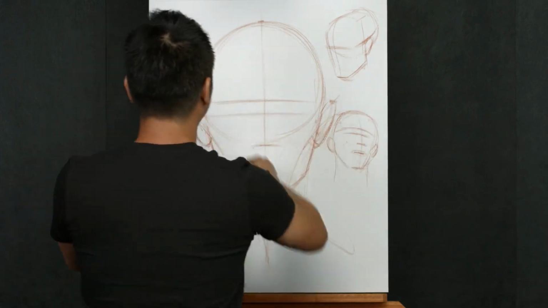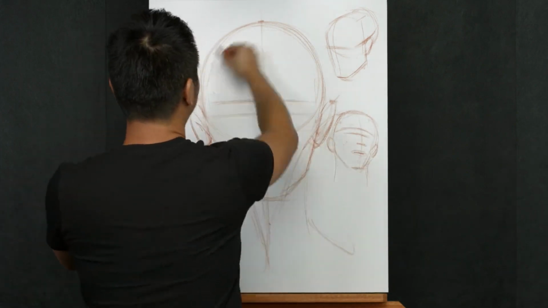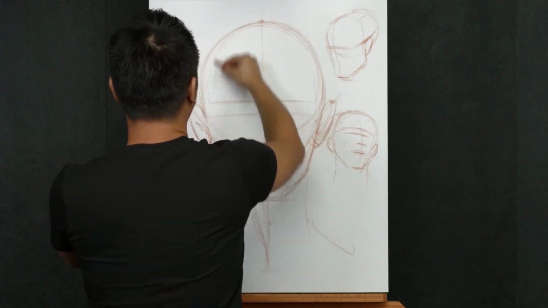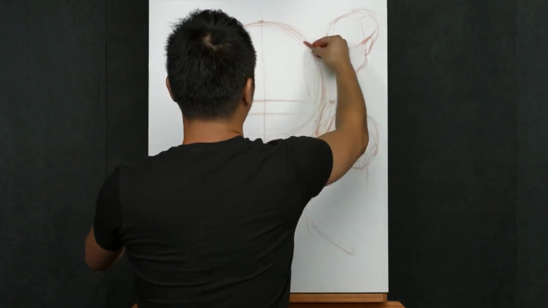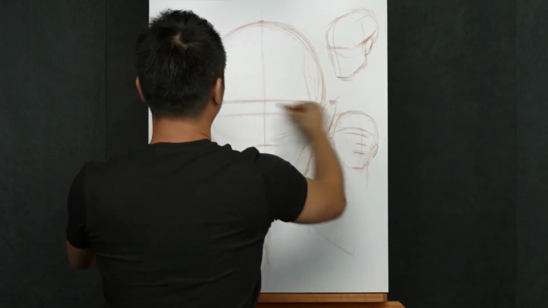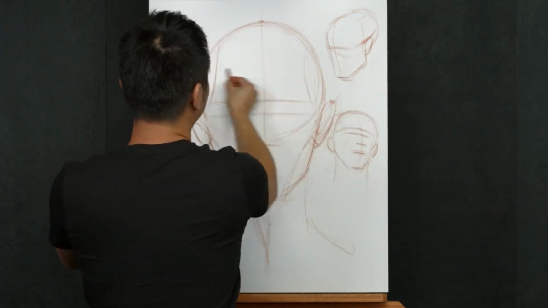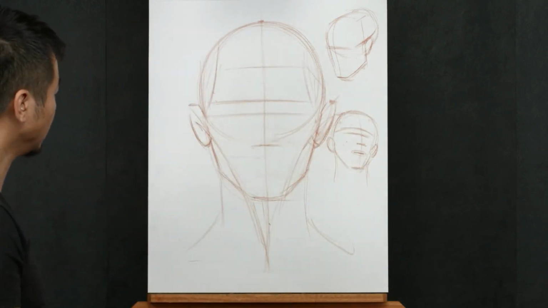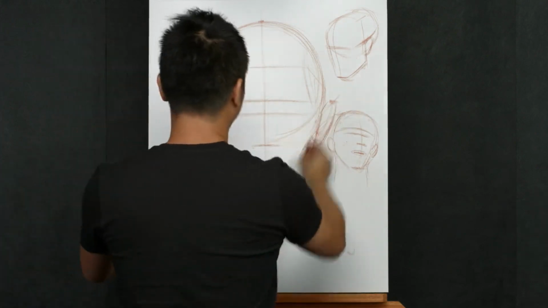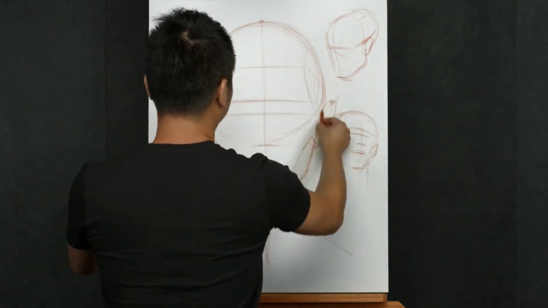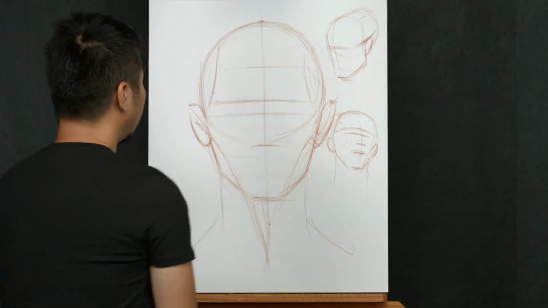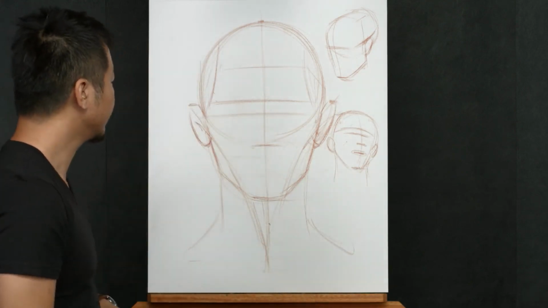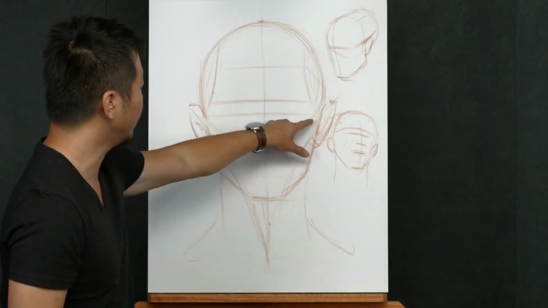Okay, and the next thing I would do is, if we draw a line down like this, that helps indicate the temple lines, which help divide the front of the forehead from the side of the forehead. Okay, so within this eye line and the eyebrow line, we can put a curve and an arch through.